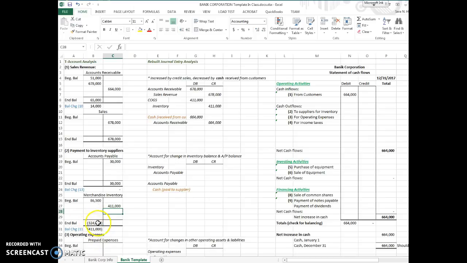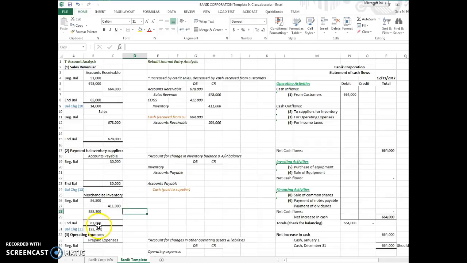Since I'm running a negative balance here, if I want a positive $63,800, I'm going to have to add that to this negative balance. So I'm just going to calculate that off to the side. $388,300 is what I then must have purchased during the time period that we're looking at here. There we go. So I'll delete that calculation.